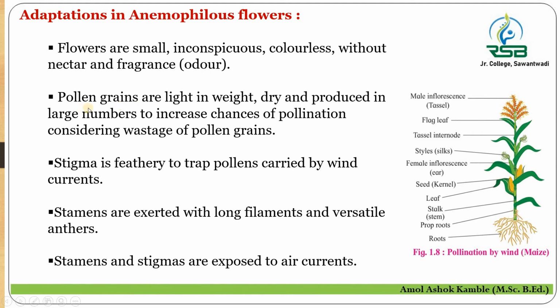Then about the pollen grains, as they are transferred with the help of wind, they are light in weight, dry and produced in a large number to increase the chances of pollination and to avoid the wastage of pollen grains. Then the stigma is feathery to trap the pollen grains carried by the wind.